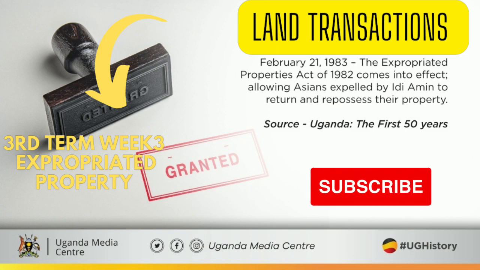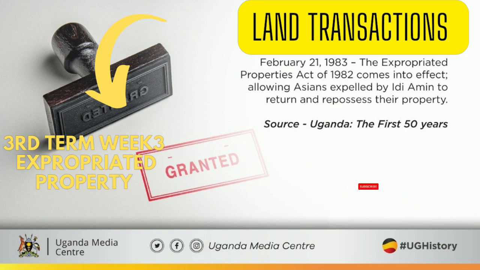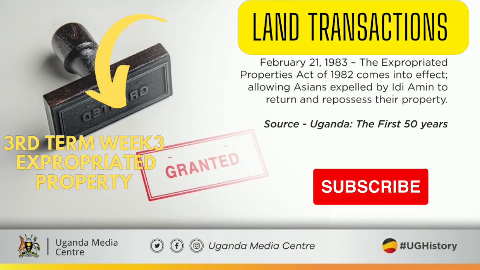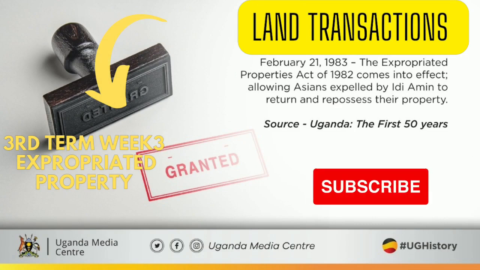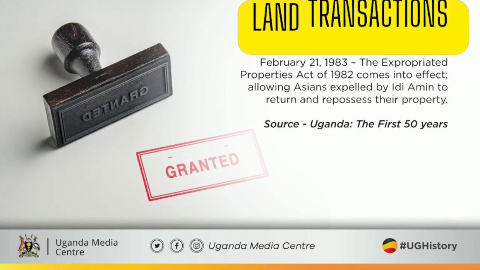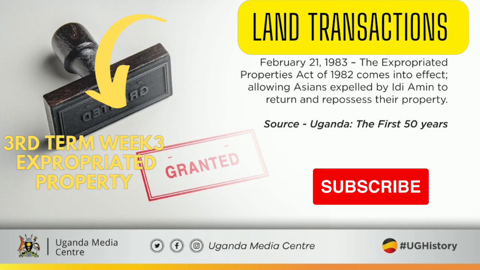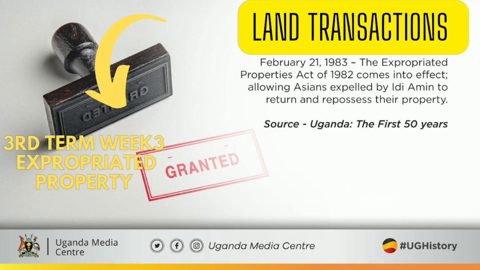Because the government is holding them in trust, you cannot just wake up one day. Yes, we know this land is yours as a Ugandan, but you cannot wake up and utilize it just like that. So ask yourself, what is the process of utilizing protected land?